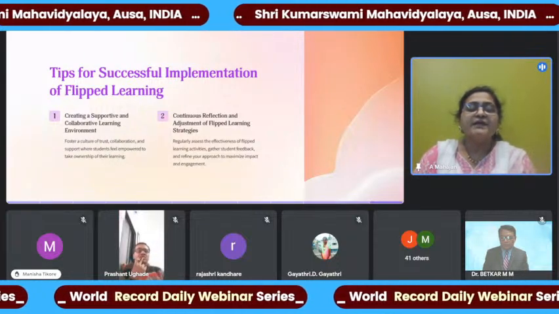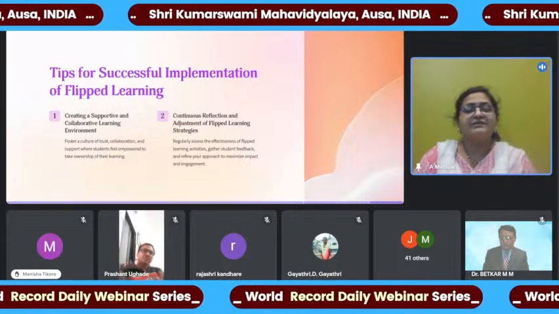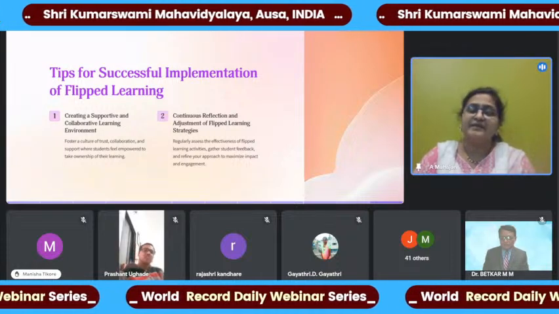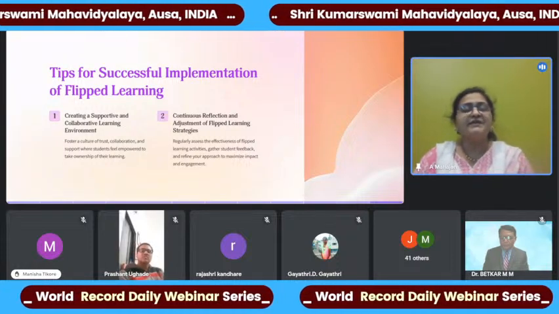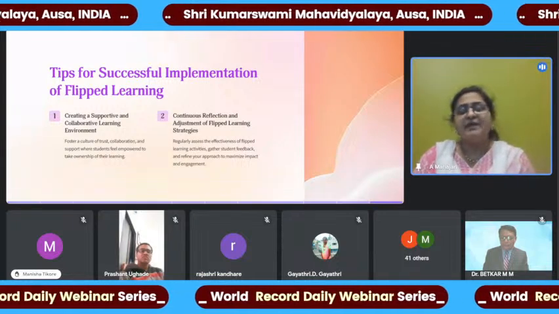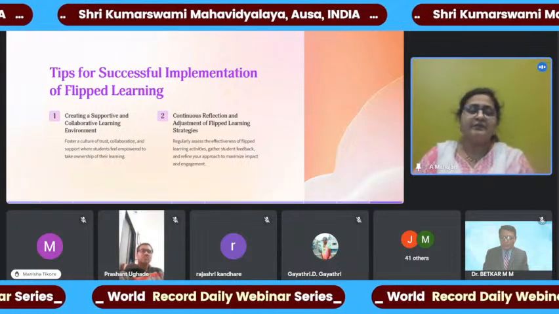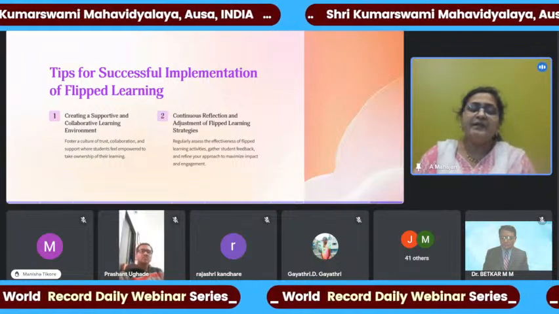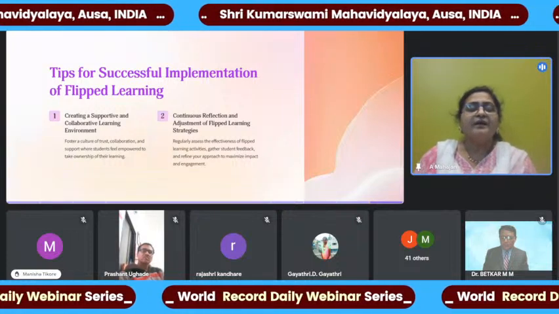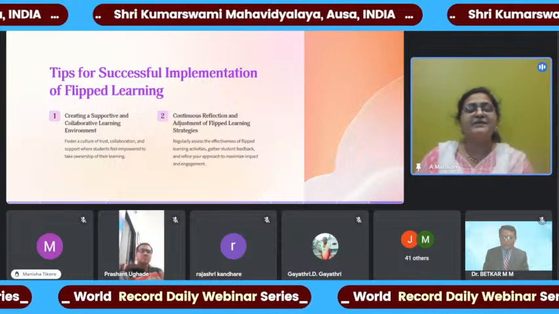Then second is continuous reflection and adjustment of flipped learning strategies. See, the teacher should not be rigid in that case. Many times what happens, the teacher has decided a proper plan, but immediate flexibility should be there.